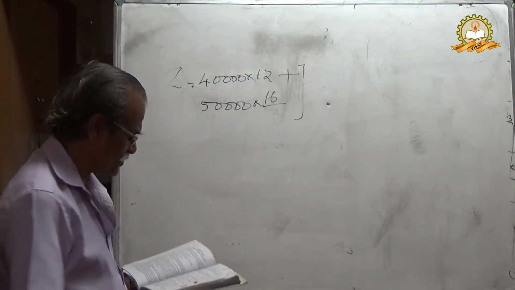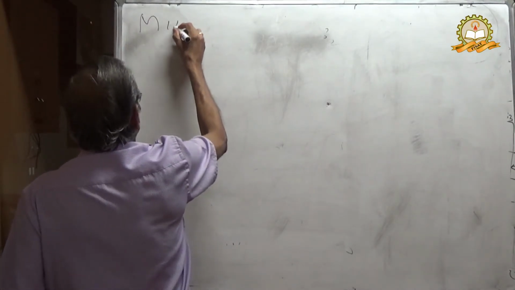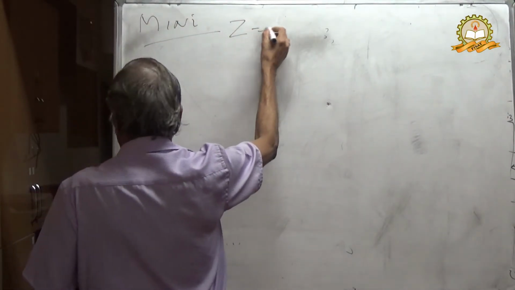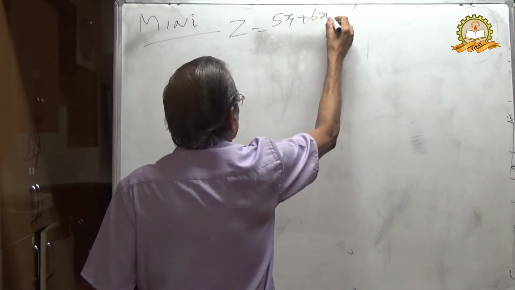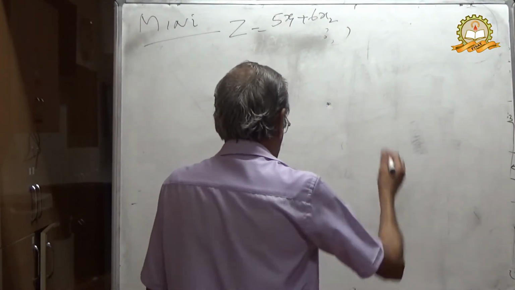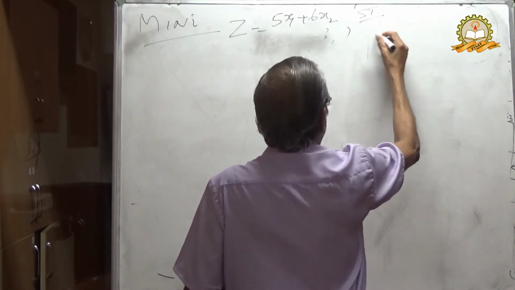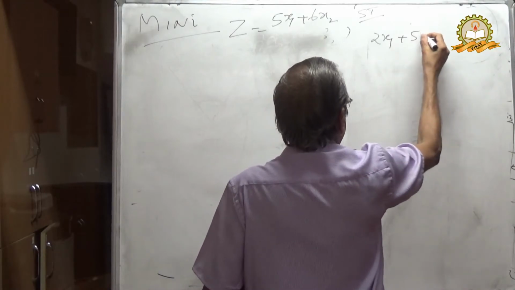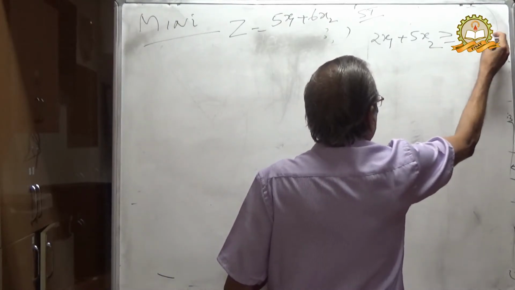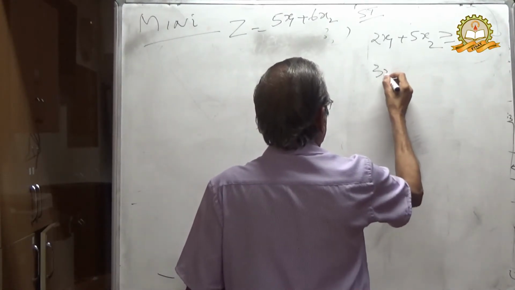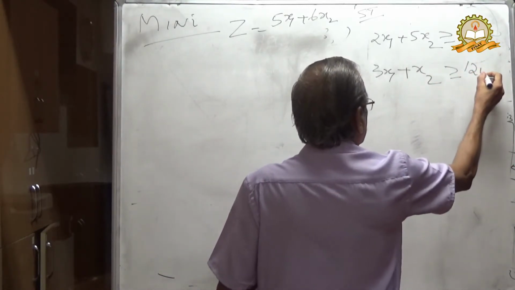Okay, minimize, remember, minimize Z equal to 5x1 plus 6x2, subject to constraints 2x1 plus 5x2 greater than or equal to 1500, 3x1 plus x2 greater than or equal to 1200.